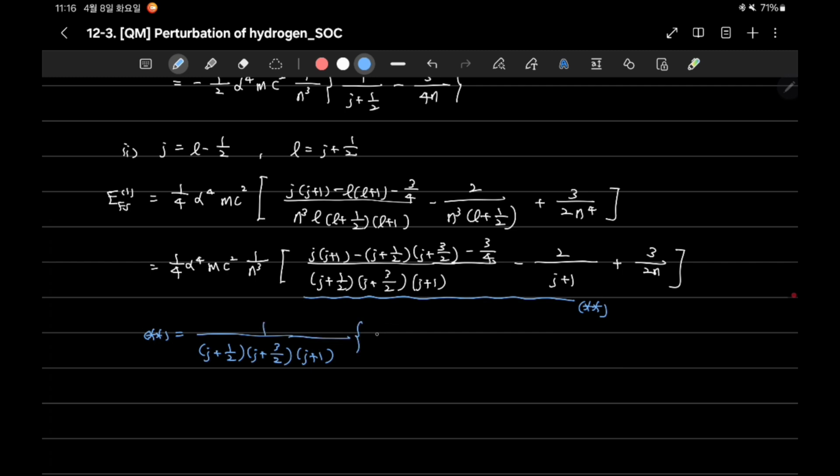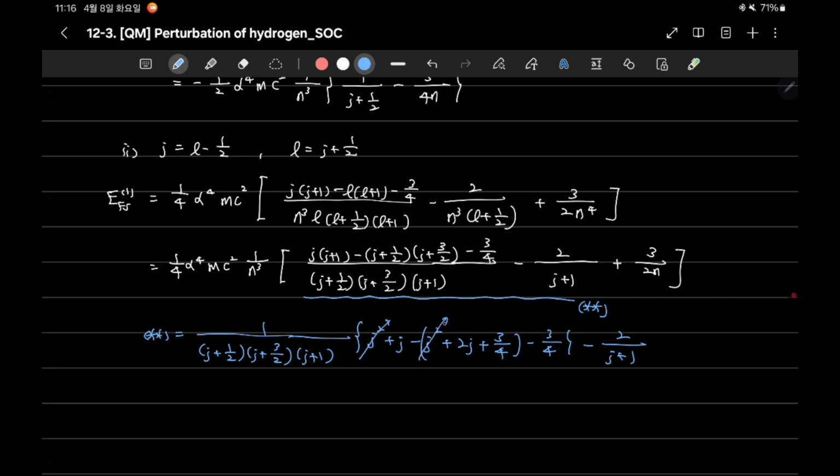Then the numerator j square plus j minus j square plus 2j plus 3/4 minus 3/4 minus 2 over j plus 1.